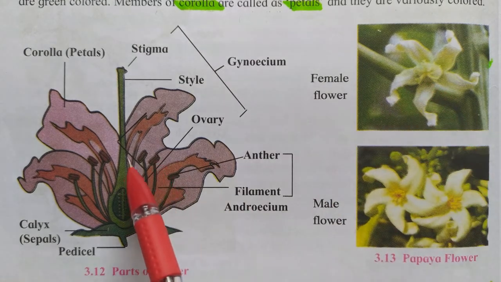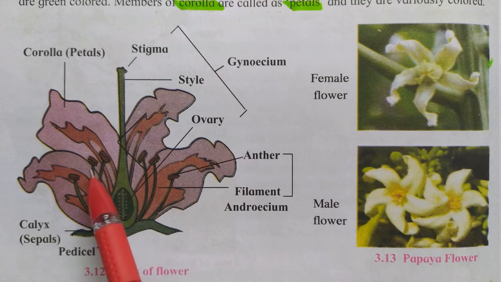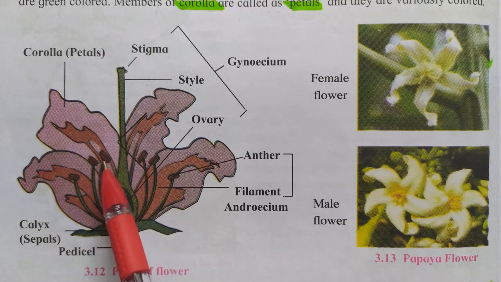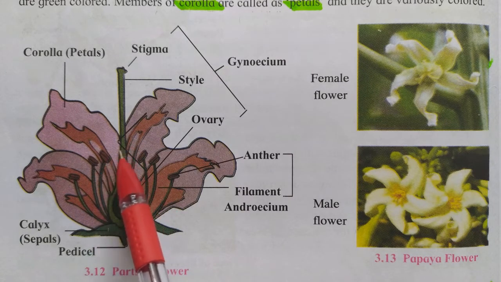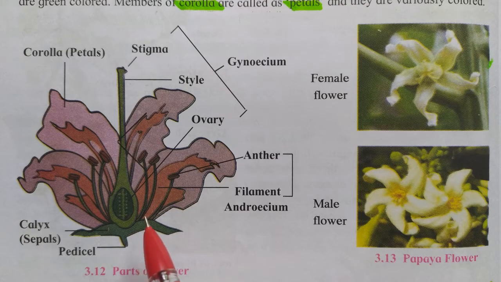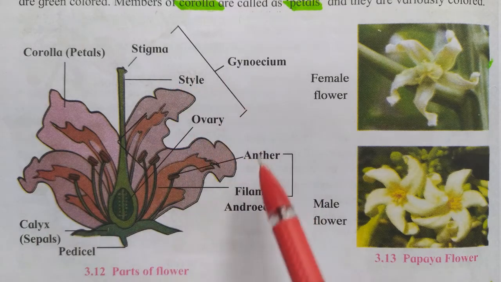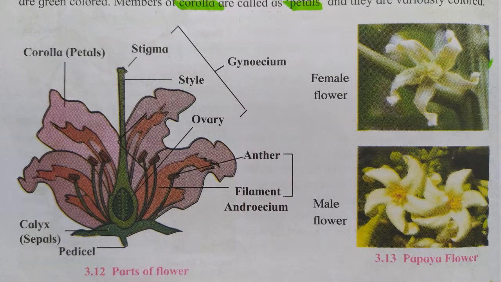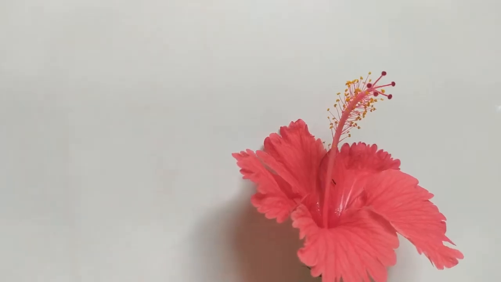But in hibiscus, both male and female parts, androecium and gynoecium, are present. Such a flower is also called a complete flower because it has all the four whorls. So in the next part, you will be able to see a flower with its different whorls.